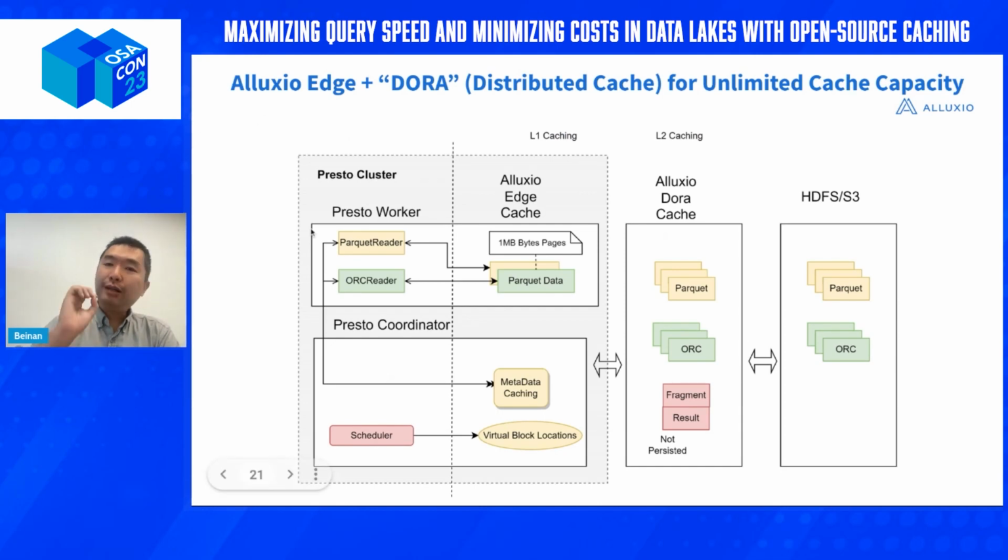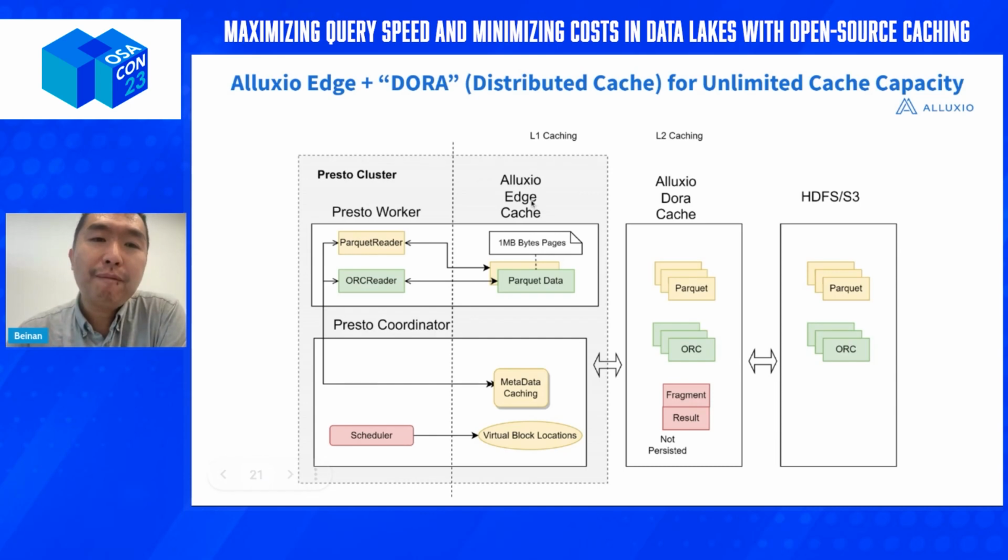So let's go a little bit deeper into our Edge. Most compute engines may have a coordinator and also workers. Mostly the coordinator will fetch the metadata and do some query planning, and the worker will deal with query execution. It will try to load the data from remote.